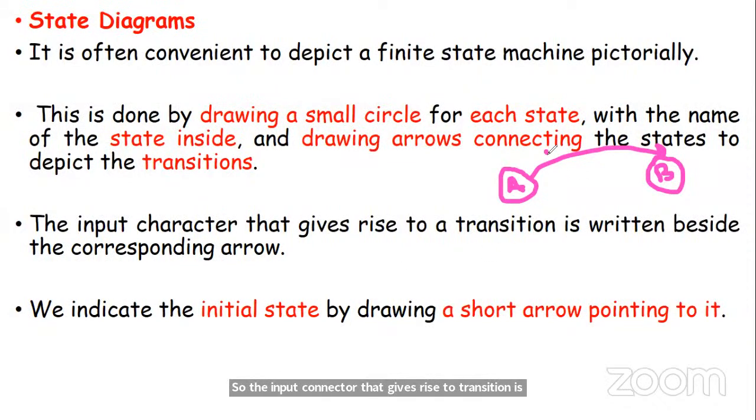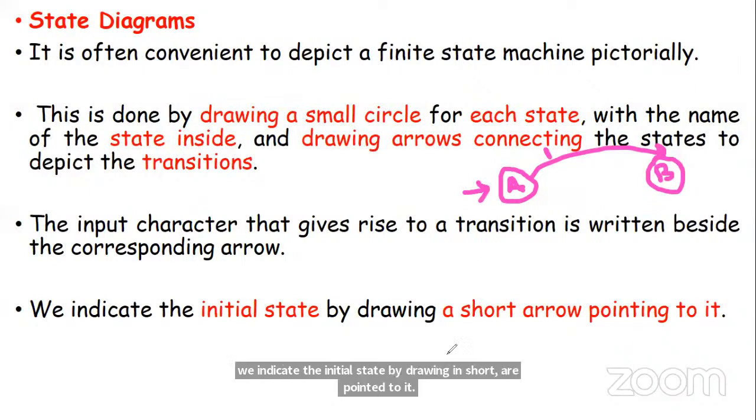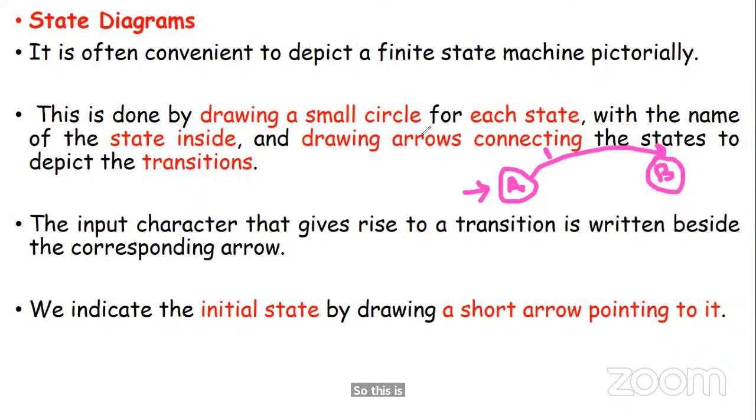So if the input is 1, it is written by the side of the arrow. This tells us that at A, you read a 1, it gives you a transition to B. We indicate the initial state by drawing a short arrow pointing to it.